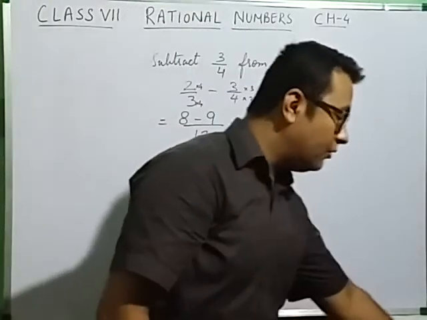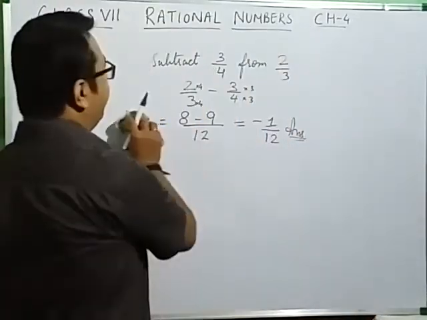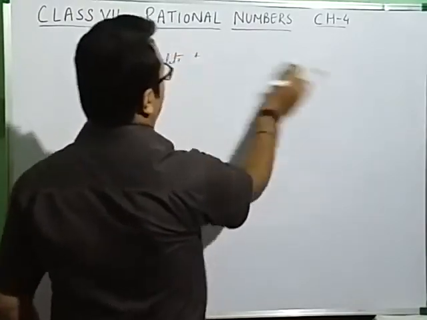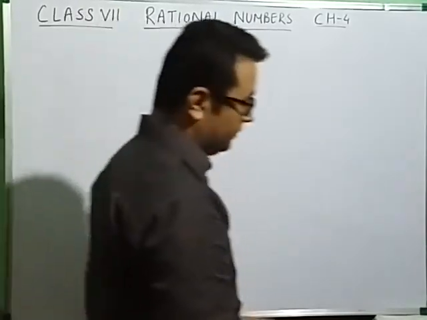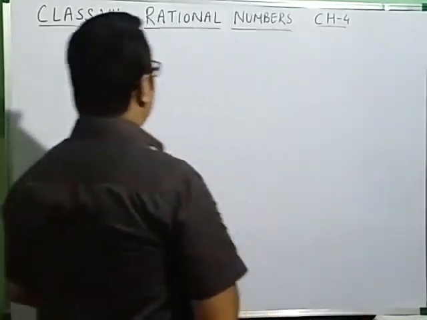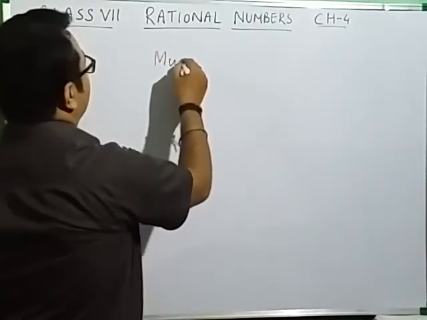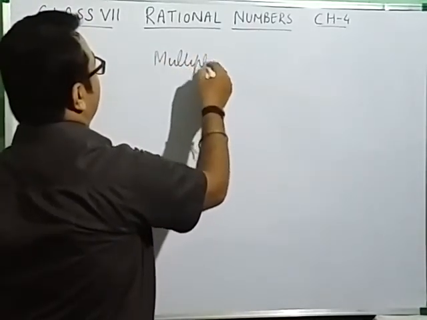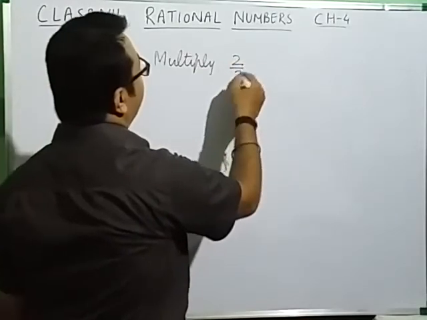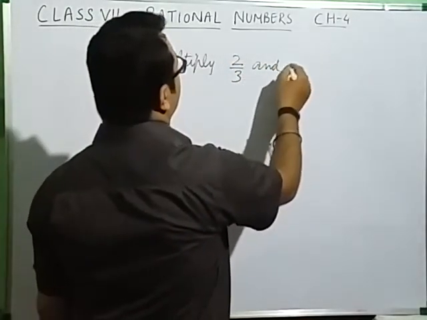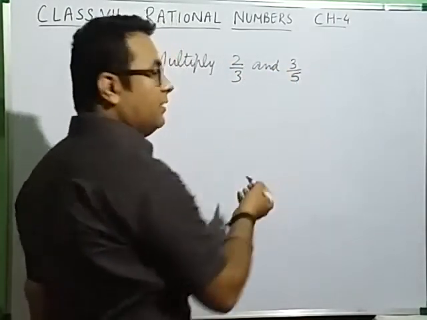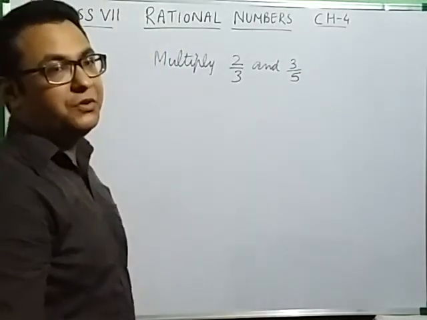Now let us see how to multiply and divide. Suppose our question is multiply 2 upon 3 and 3 upon 5. This is the same as the way we used to do in fractions.